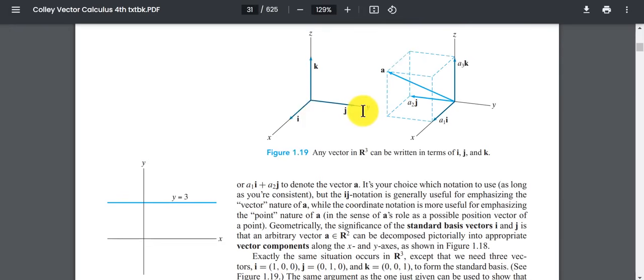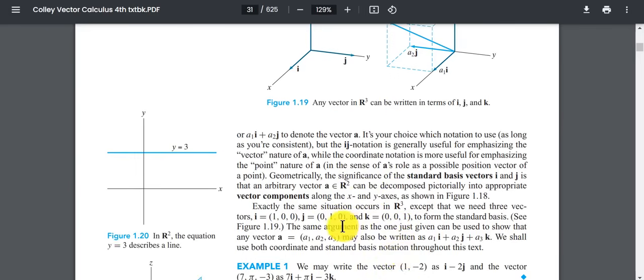We have to have a third component. So we have to call I 1, 0, 0. So what does that mean? It goes 1 unit in the x direction, 0 units in the y direction, and 0 units in the k direction. So it's 1, 0, 0. And then for j, it's 0 units in the x direction, but 1 unit in the y direction, but 0 units in the k direction. So that's 0, 1, 0, and then k is 0, 0, 1. So we can do that.